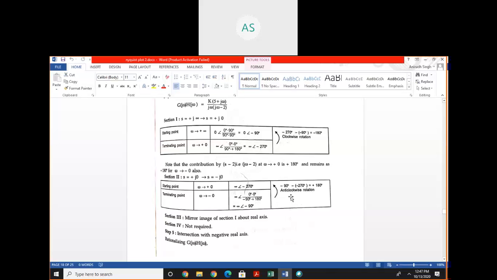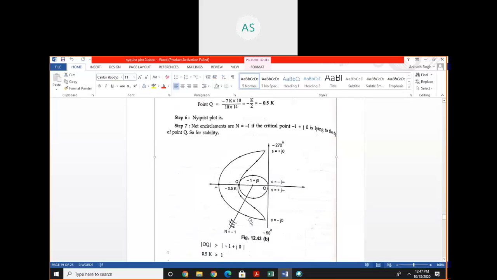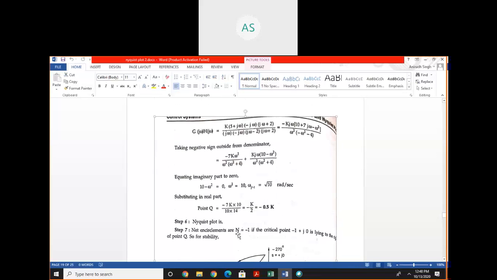When omega tends to minus 0, this term gives 0 degrees, but it is on the negative side of the imaginary axis. So this term contributes minus 90, and this term contributes the same 180 degrees. So we get infinite magnitude and angle minus 90 degrees in this case.